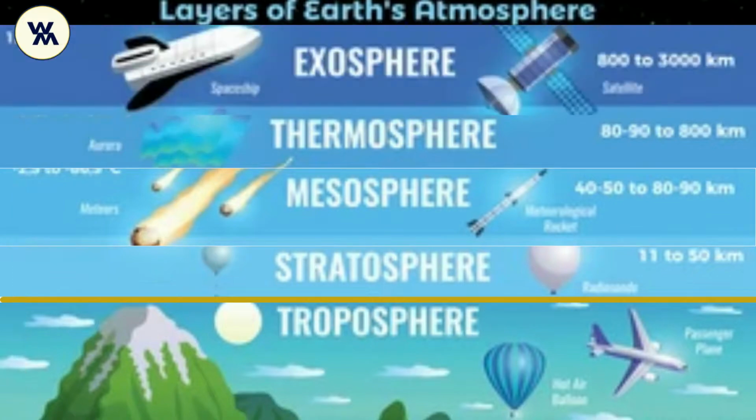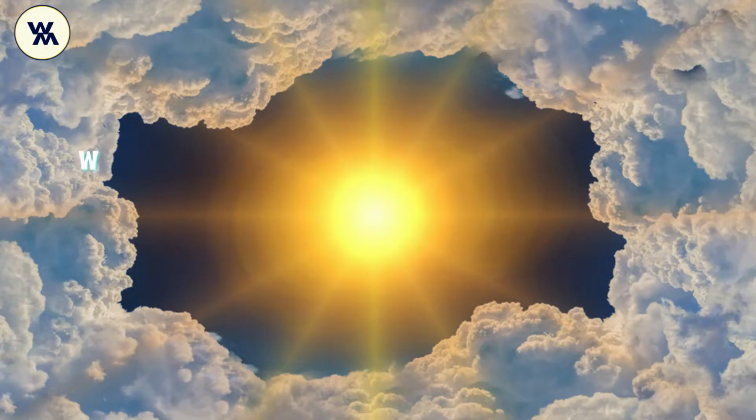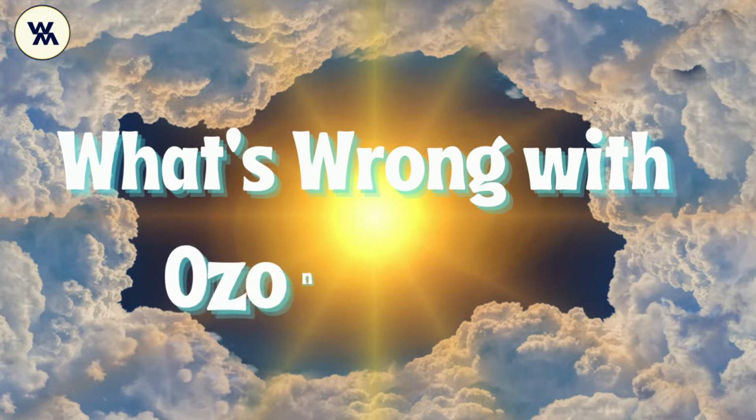And the uppermost layer, which blends with what is considered to be outer space, is the exosphere. The pull of Earth's gravity is so small here that molecules of gas escape into outer space. So this is all about the 5 layers of atmosphere.